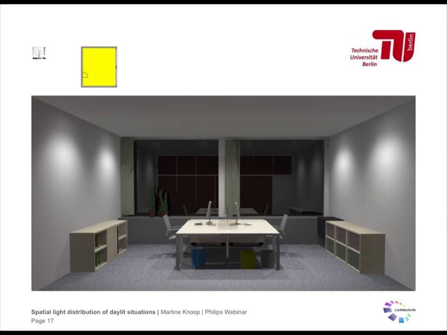Just to give you an impression, this is how it would look if you would have a typical solution for the office. We have general lighting with a conventional or a normal office lighting solution.